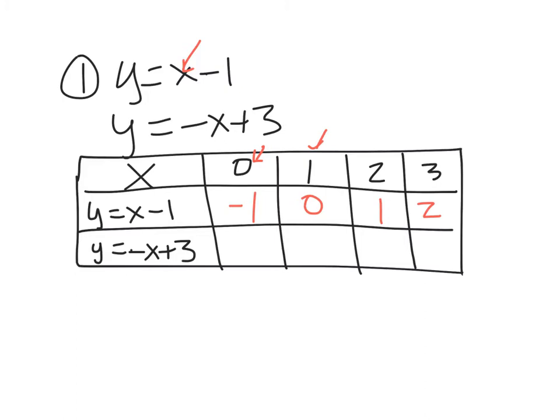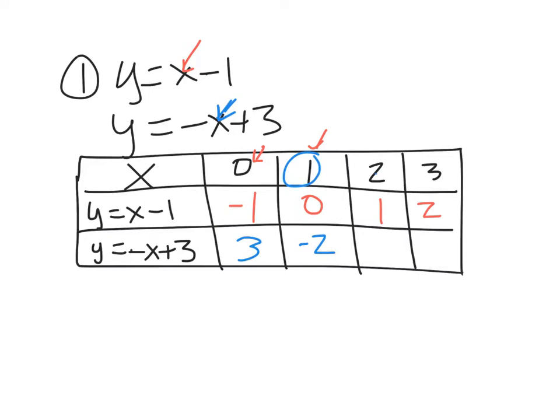So now we're going to take our x values and plug them into the second equation. If I put a 0 there, negative 0 is just 0. What is 0 plus 3? Now I'm going to plug in my 1 value here. Negative 1 plus 3 would be 2.